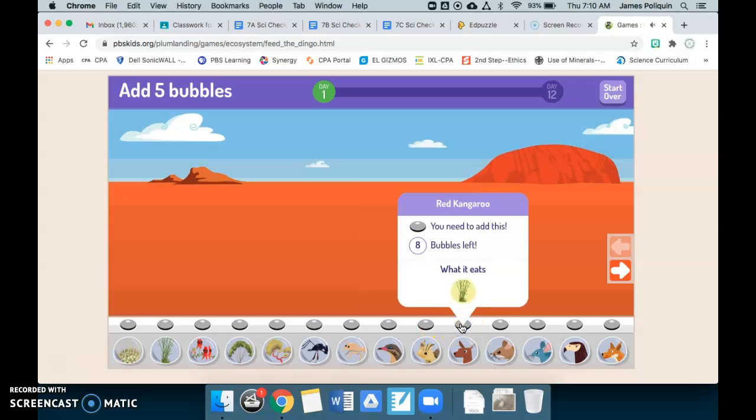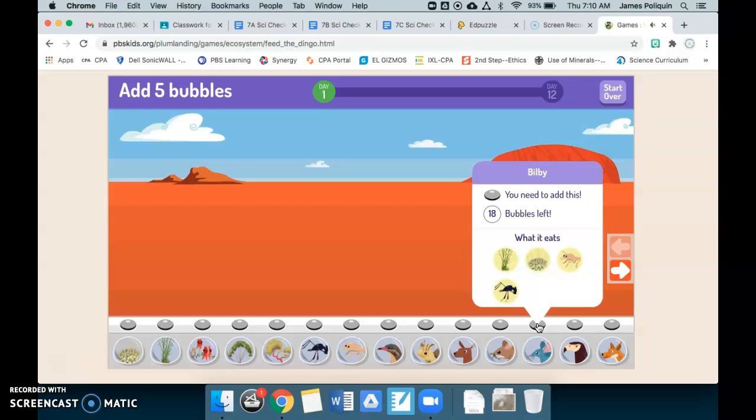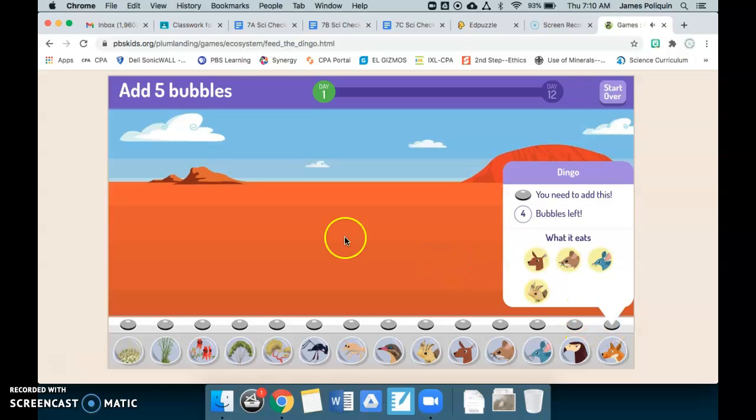The red kangaroo? The Spinifex hopping mouse? The bilby? The wedge-tail eagle? The dingo.